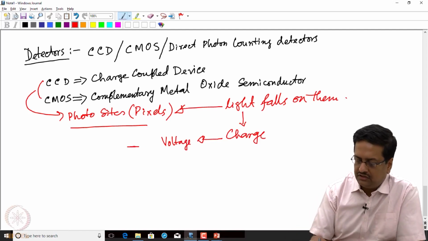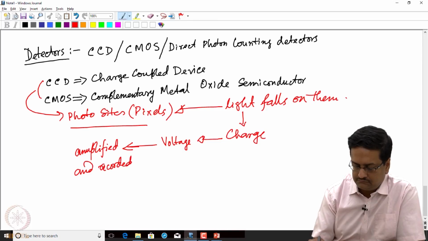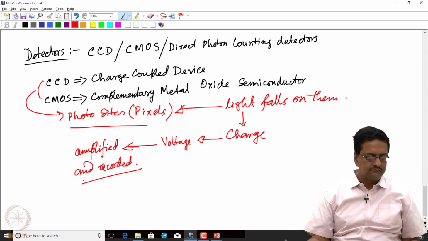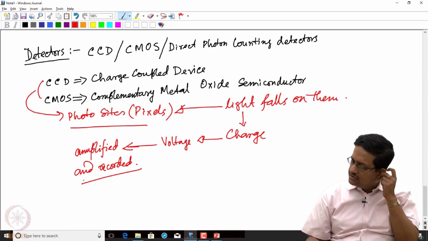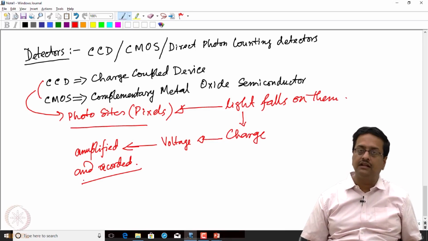And then this voltage is amplified and recorded. So this general method is used in both CCD and CMOS type of detectors.